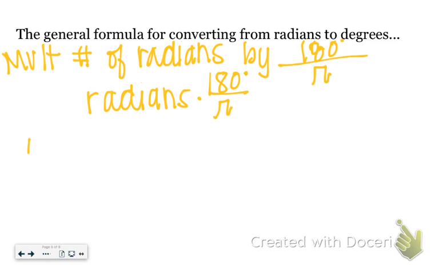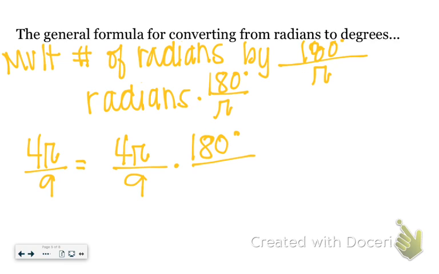Say you're given 4 pi over 9 radians, and we want to convert that to degrees. So you're going to go 4 pi over 9 times 180 degrees over pi. You're just going to go through and multiply this out. 4 times 180 is 720, and then the pi stays up there. 9 times pi is 9 pi.